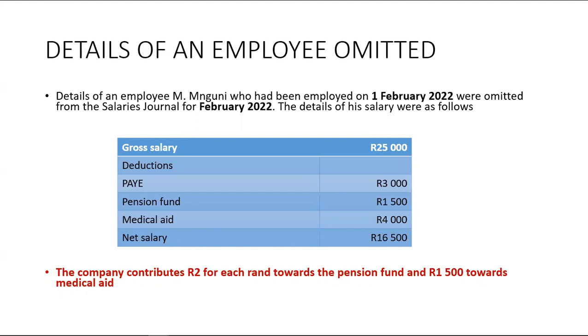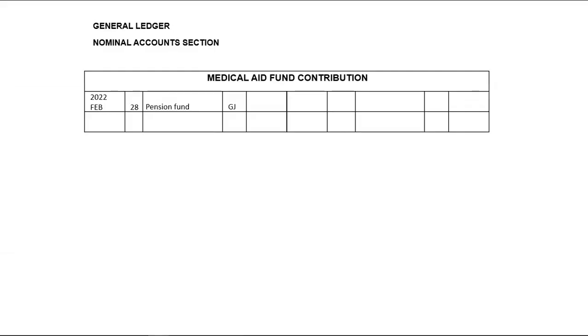What is 28,000 plus 1,500? It will be 29,500. Obviously, it's made up of what we still owe to medical aid for our contribution, which is 1,500. We are going to close it off against profit or loss. So in total, the total cost to company will be 29,500.